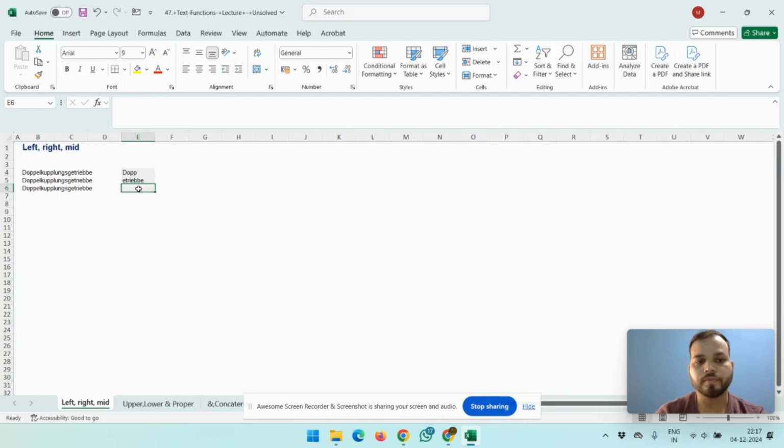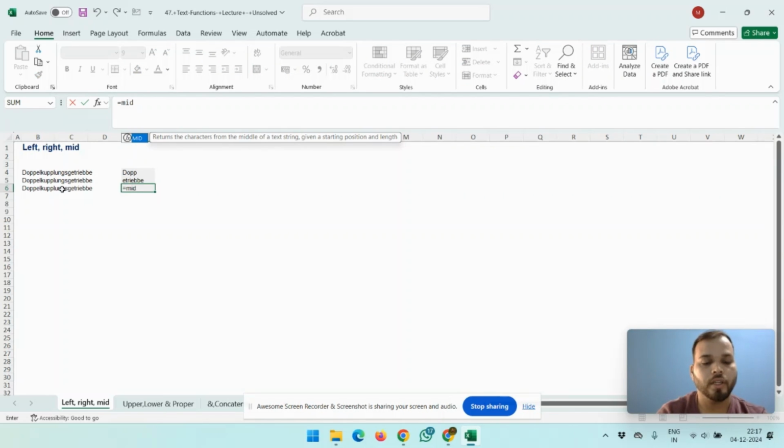Now let's find mid. So let's discuss how to calculate this one. To calculate mid, first select the text, and then it asks where you have to start, like after four digits, after six digits, after only two digits.